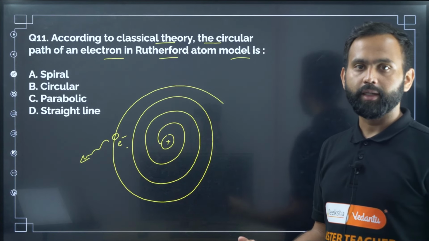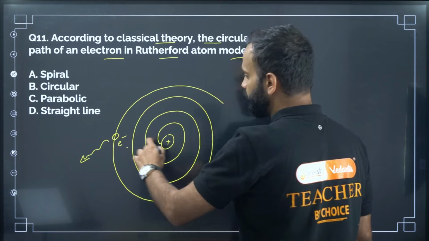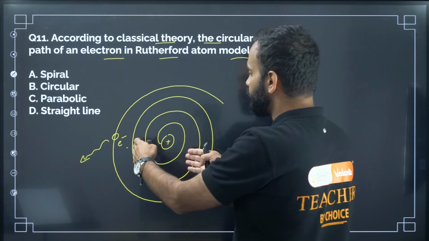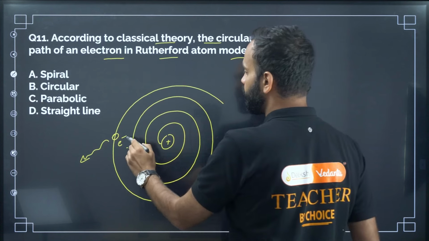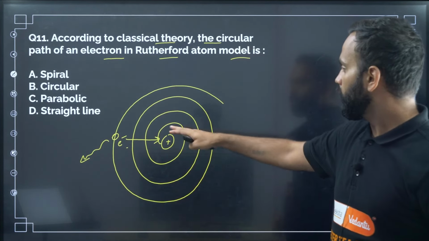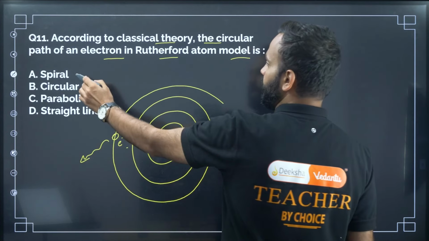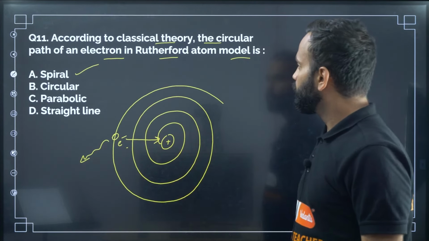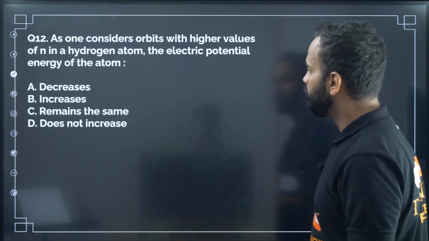Therefore the radius of the circular path decreases. Eventually, the electron will fall on the nucleus. So option A is the correct answer. The circular path of an electron in the Rutherford atom model is spiral. Question number 12.